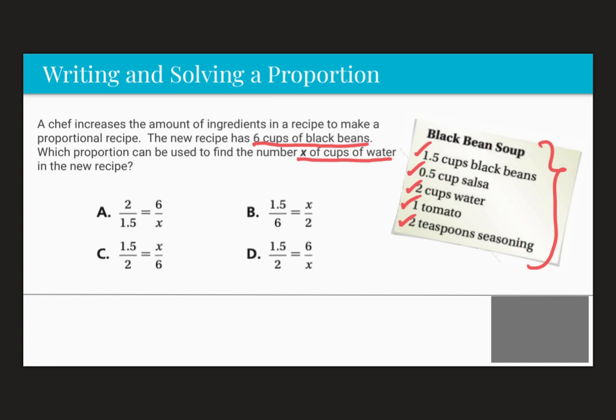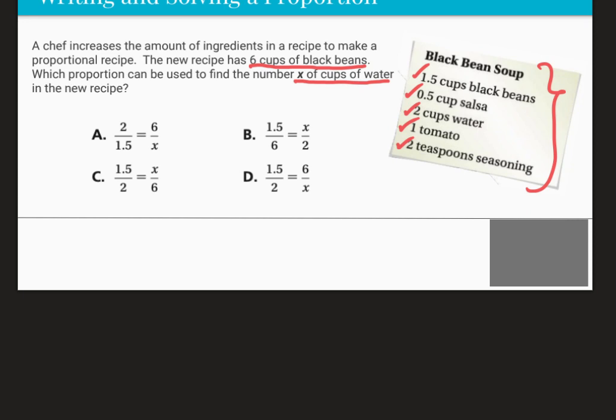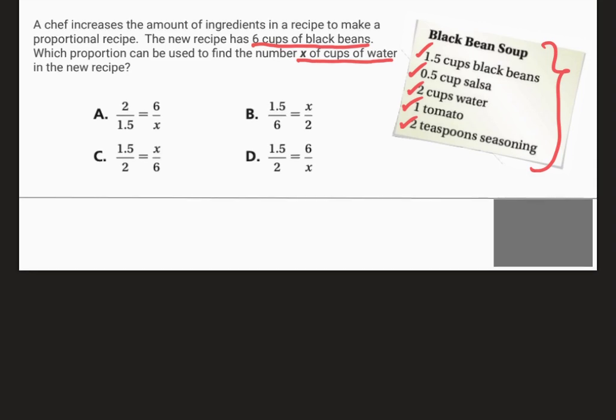So let's write this down. We have multiple choice, but before we go to the answers, why don't we just write our own proportion for now. It's saying here that we are using 6 cups of black beans from the new recipe, and then we have the original recipe.